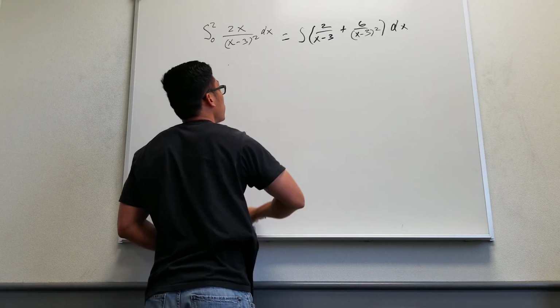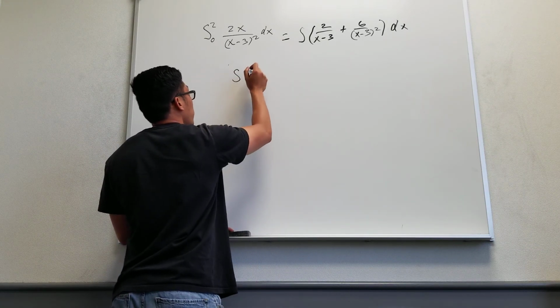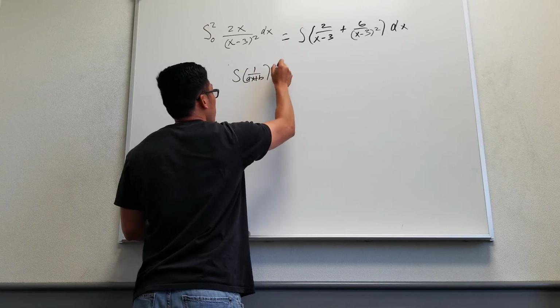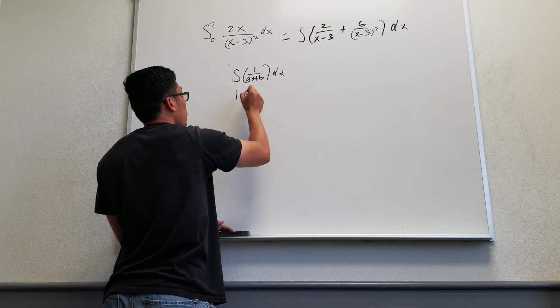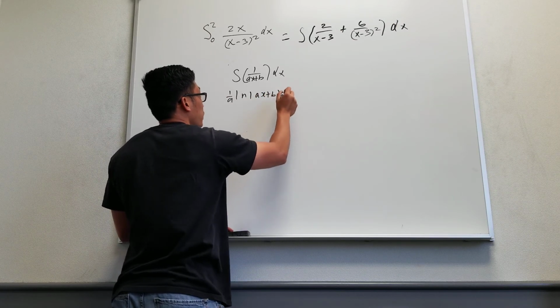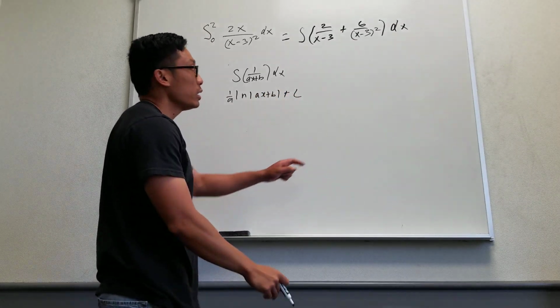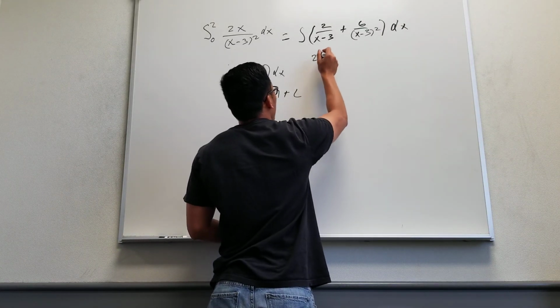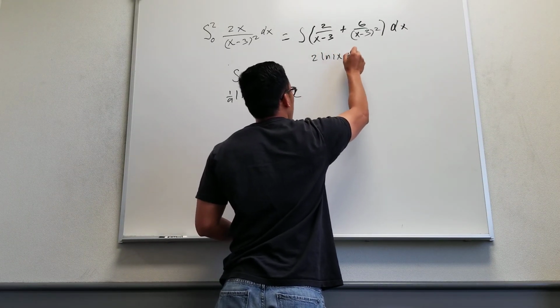First of all, the integral of 1 over (ax plus b) dx is equal to 1 over a times ln of ax plus b, plus C. So I'm going to apply that here, and that's going to be 2 ln of x minus 3.